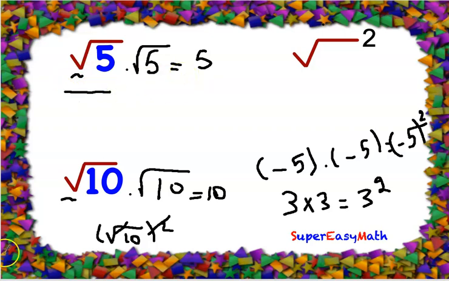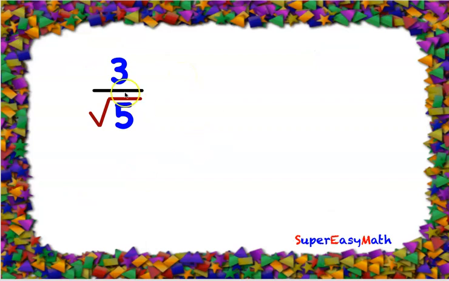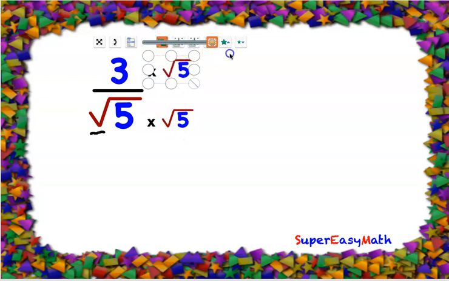Let's go back to our fraction, 3 over square root of 5. To rationalize this fraction, we have to remove this square root, and that is done by multiplying the denominator by square root of 5. But because we multiply the denominator by square root of 5, we should also multiply the numerator by the same number in order to get an equivalent fraction.